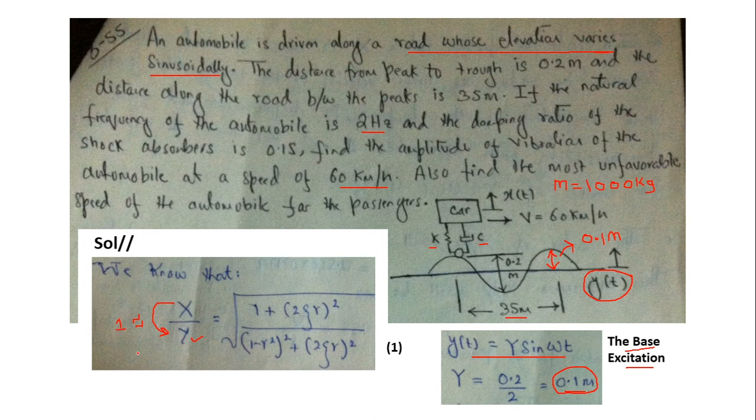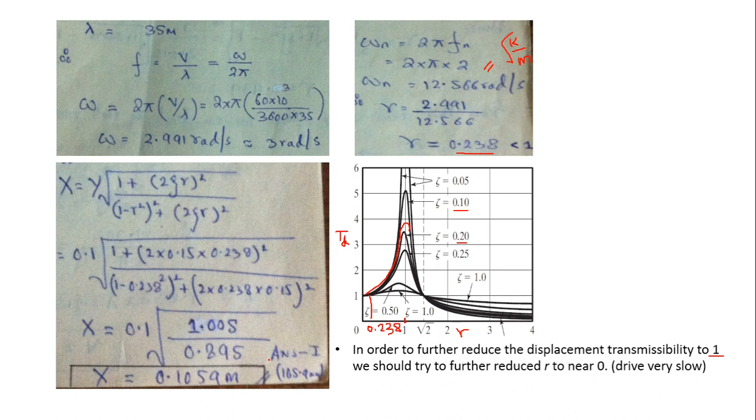which means that, okay, slightly greater than 1, and 1 is better than slightly greater than 1 in terms of displacement transmissibility. So if you want to bring it closer to 1, then we are going to reduce r more, move this point more towards 0, so that this actually reaches 1.